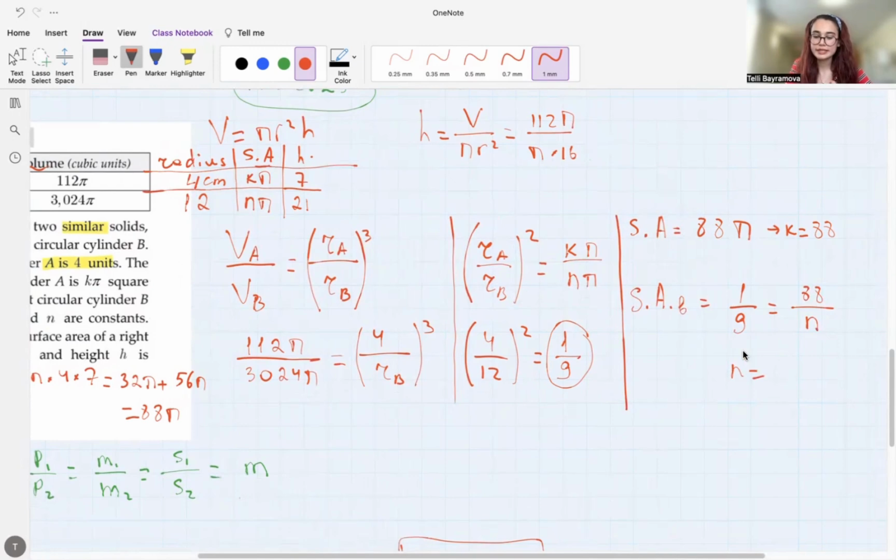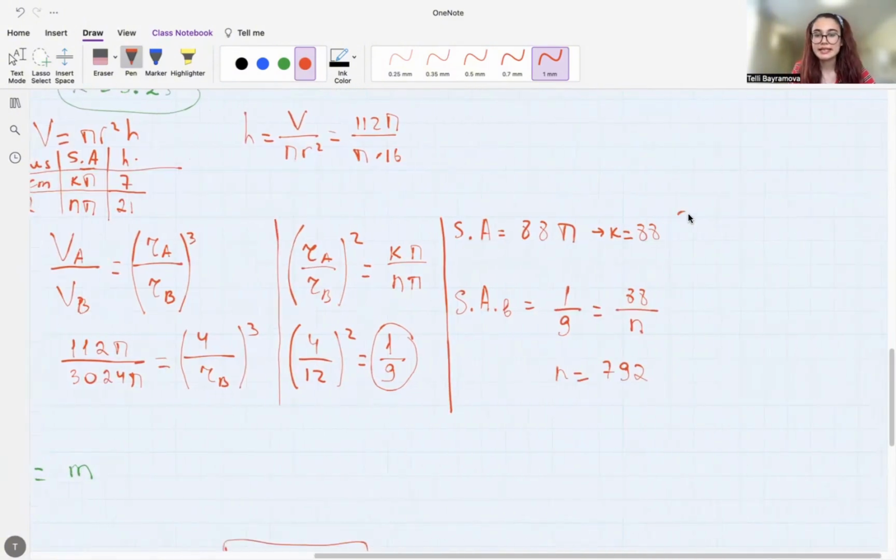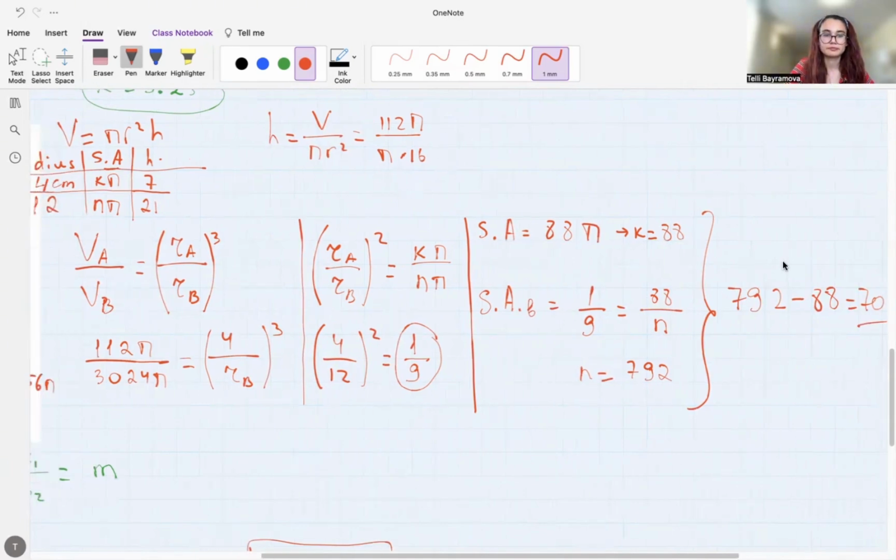Then n equals 88 multiplied by 9, 792. Okay, surface area of A is 88 pi, surface area of B is 792 pi. They ask for n minus k, and n is 792, k is 88. If you subtract, it's going to be 704.